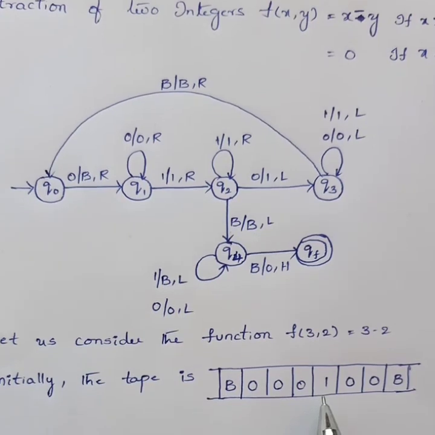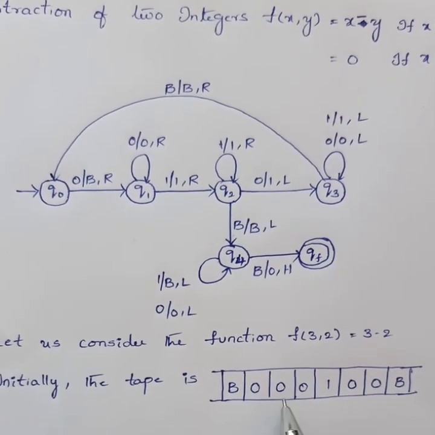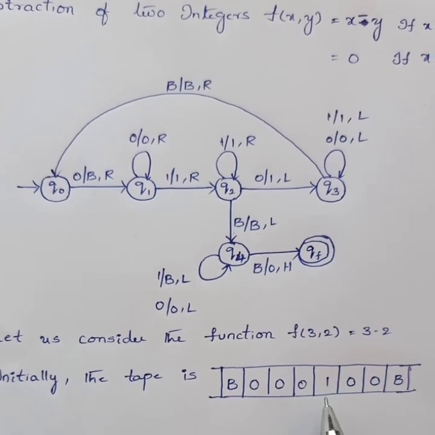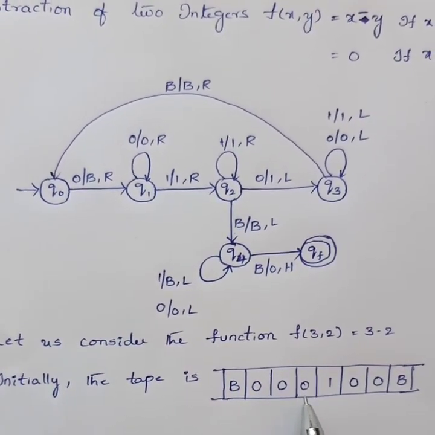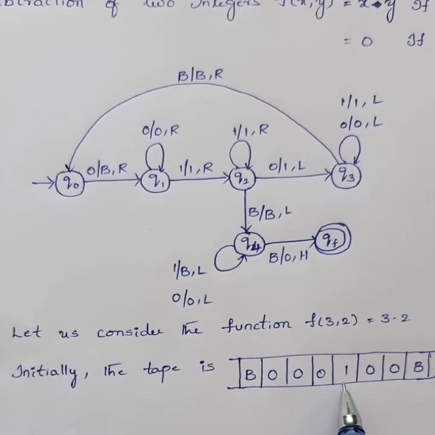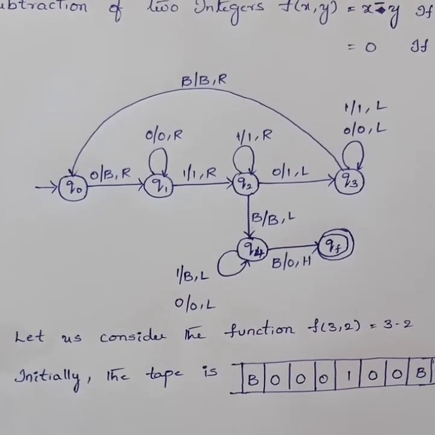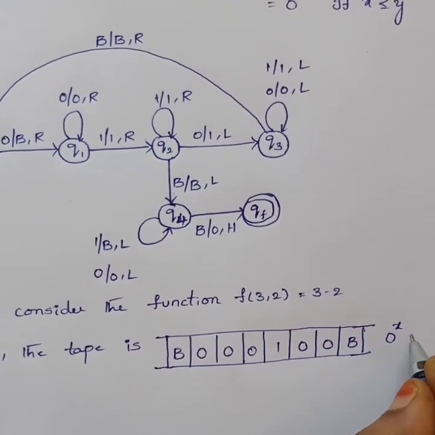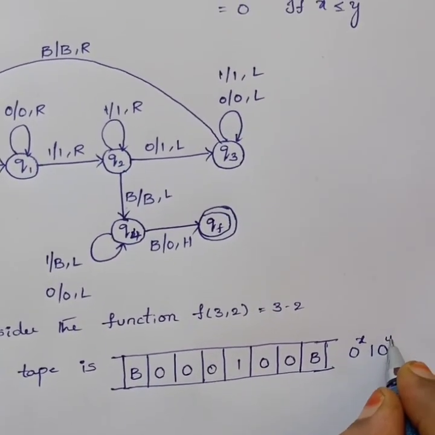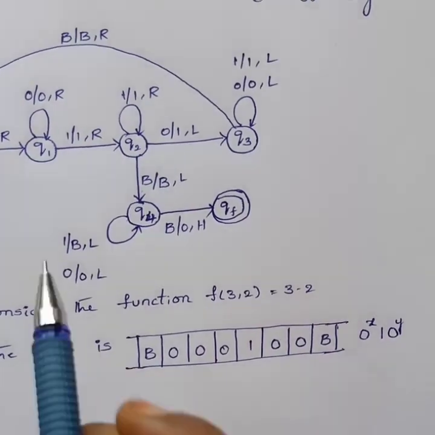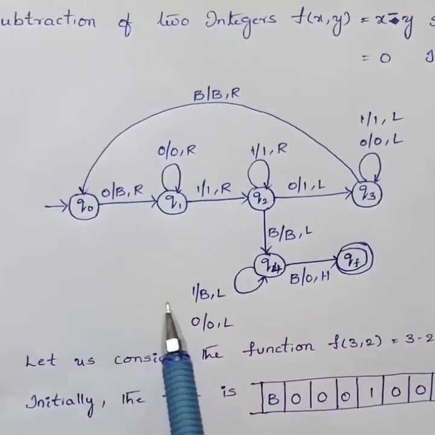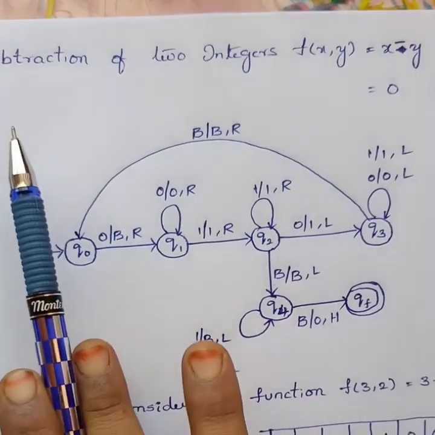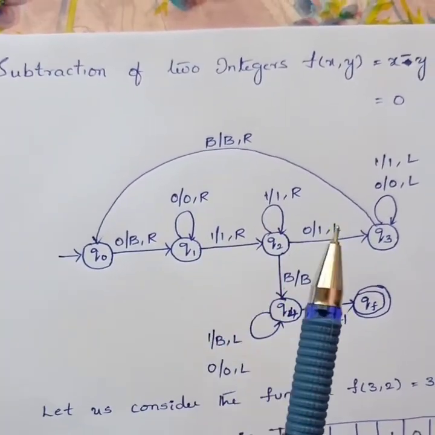In the earlier operation, addition, we separated these x and y arguments by the blank symbol B. But in subtraction, we separate these two arguments by 1, so the input tape can be represented as 0 power x, 1, 0 power y. And this is the entire transition diagram for performing subtraction of two integers.